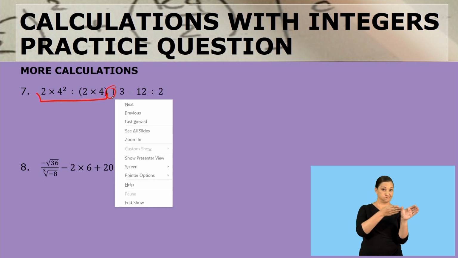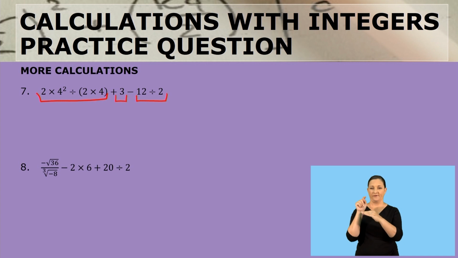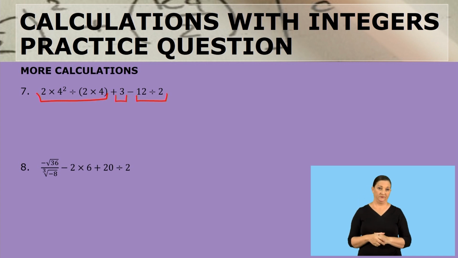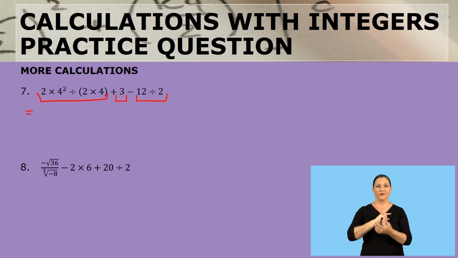And then after that, we are going to work with that 3 alone, because right after the 3, there is a minus. Then we are also going to work with that 12 divided by 2. Again, as you can see, we only have 3 terms because we are working on either side of the addition and the subtraction, and each term we need to calculate appropriately.